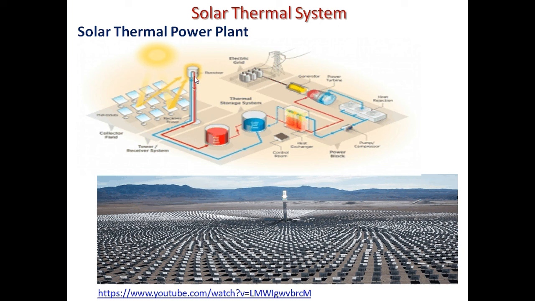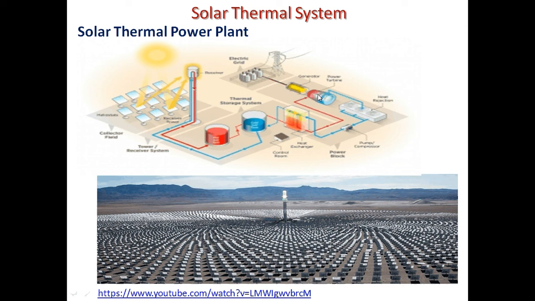Okay, and this tower is actually used as a boiler, so a heat exchanger. In this case, they don't use water, but they use a molten salt. So the salt is brought up there, heated, melted, and then brought down, and then directly used in the boiler of my thermal power plant.